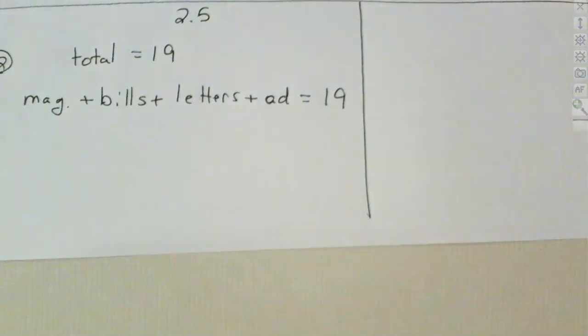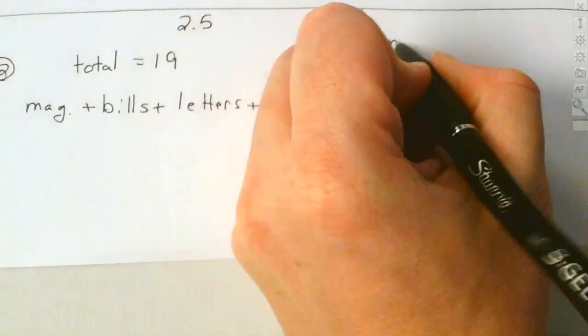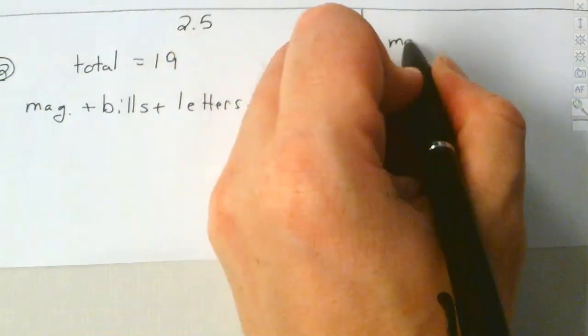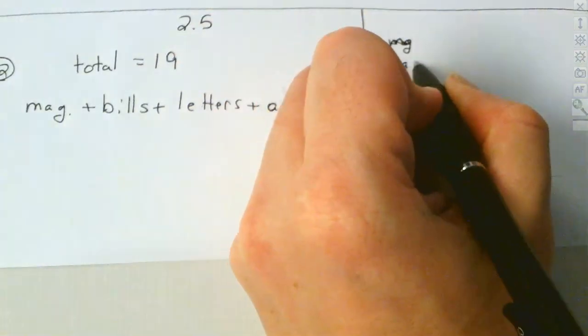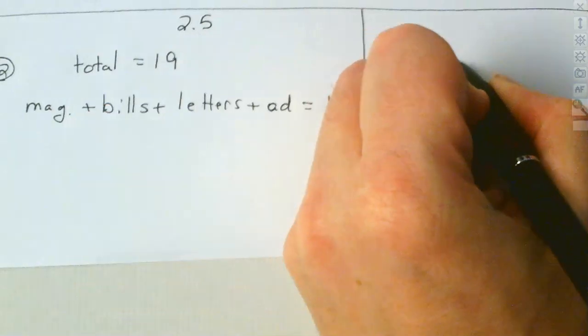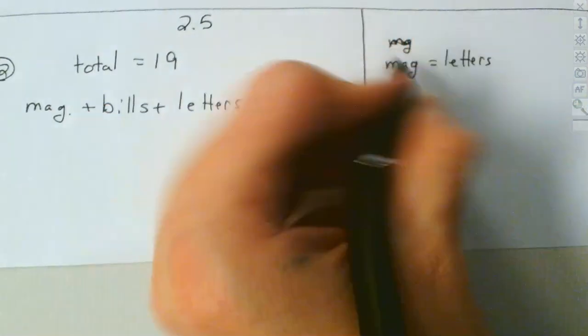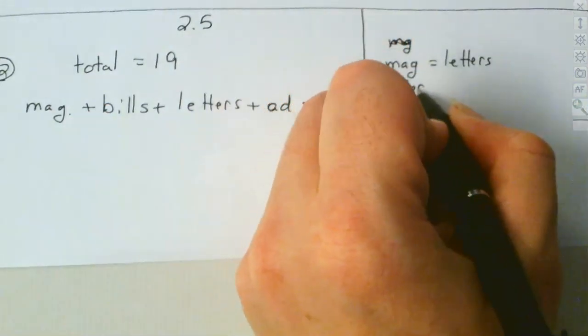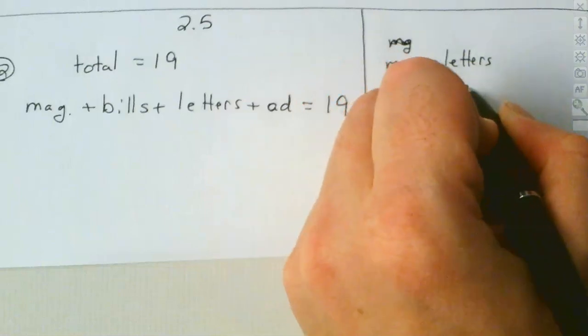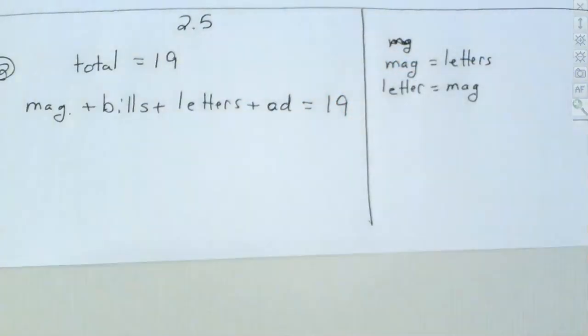Okay, they received the same number of magazines as letters. So we know the magazines equals the letters, right? They're the same. So that's the first thing we notice. They're the same. So I just wrote them the same.